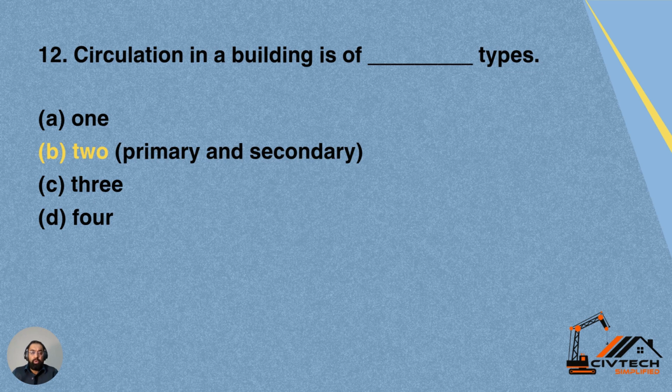So there are basically two types of circulations. Number A, primary circulation. Number B, secondary circulation. The question here was how many types of circulation there are. Option A was one type, B 2, C 3, D 4. So we saw that circulations are of two types.